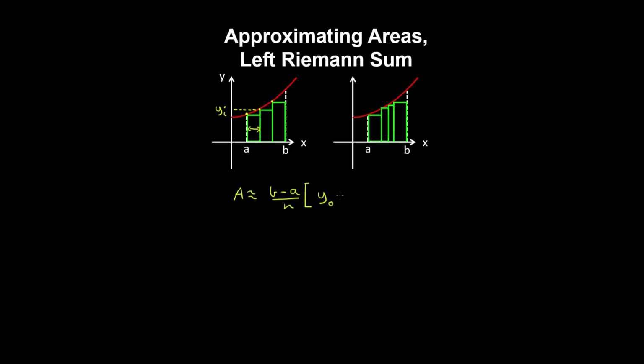So that will be the sum from y0 to yn minus 1, because the initial rectangle has a height of y0 and the final rectangle has a height of yn minus 1, as defined by the function of the curve.